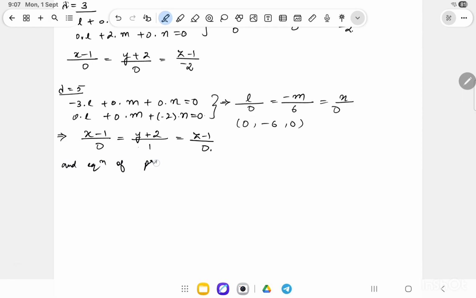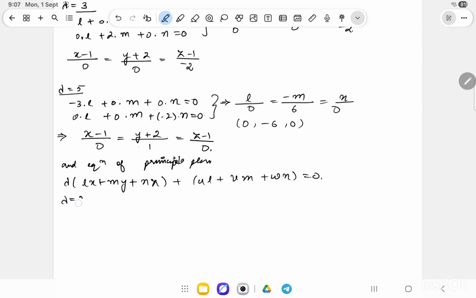And equation of principal planes, we can find out using lambda into Lx plus My plus Nz plus Ul plus Vm plus Wn is equals to 0.